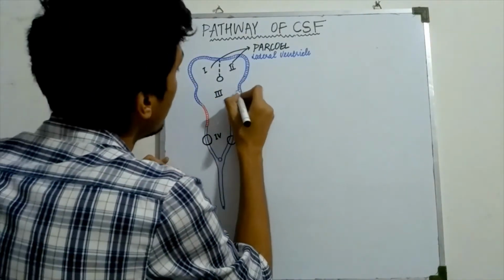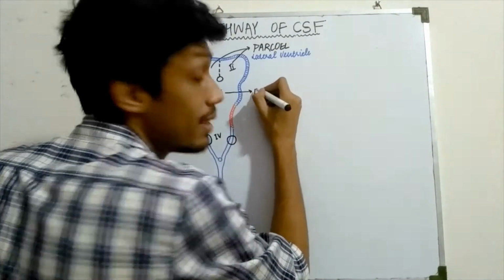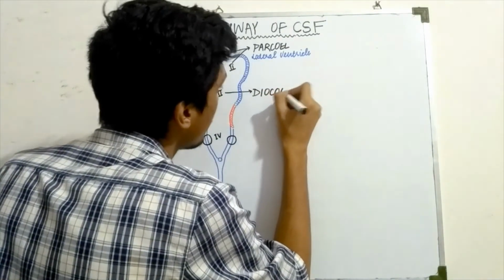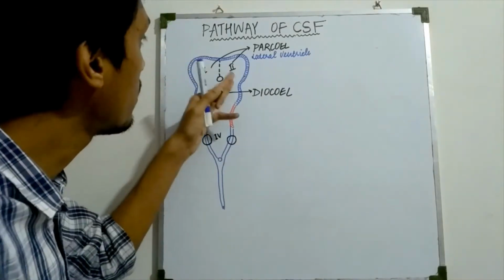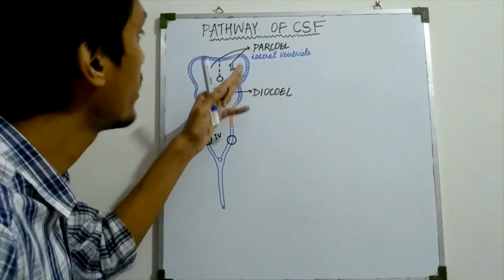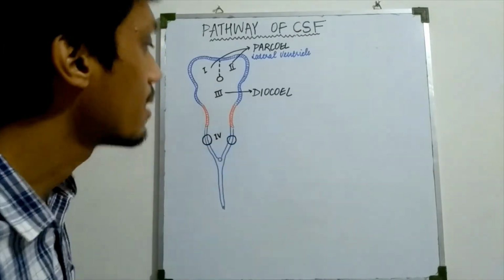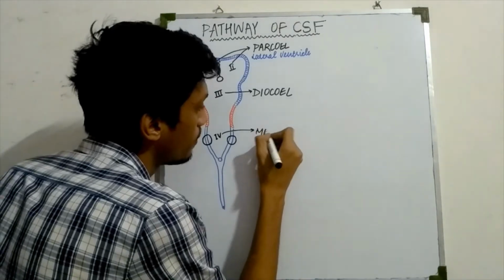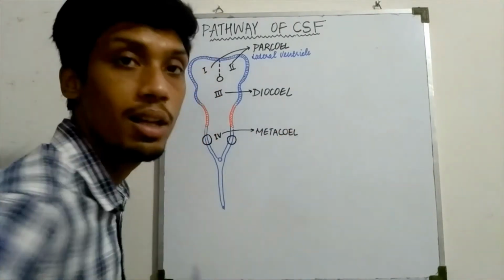Now, the third space is known as diacele. First and second Roman numerals are paracele, the first 2 ventricles; the third ventricle is diacele, and the fourth ventricle is metacele.